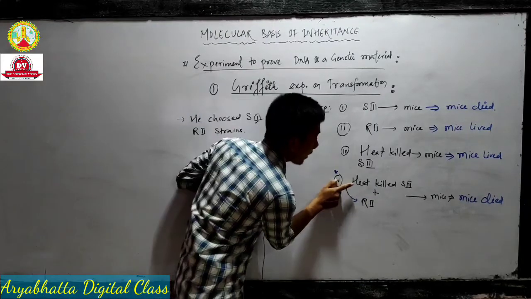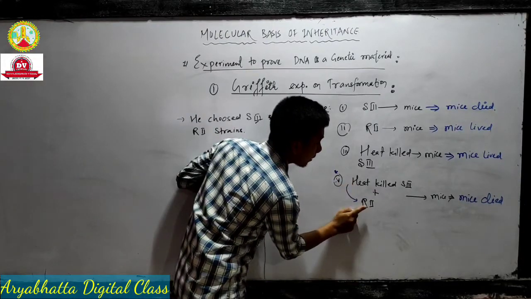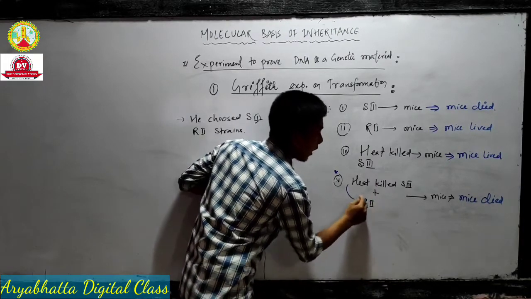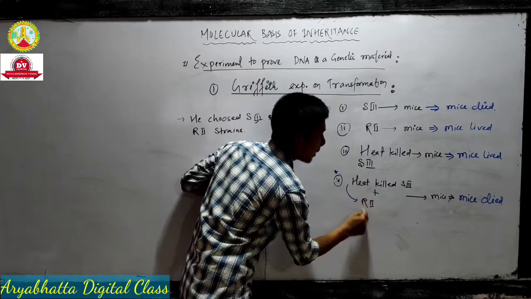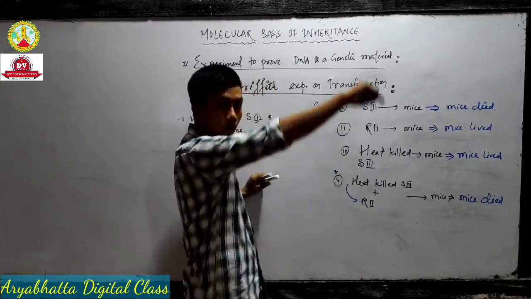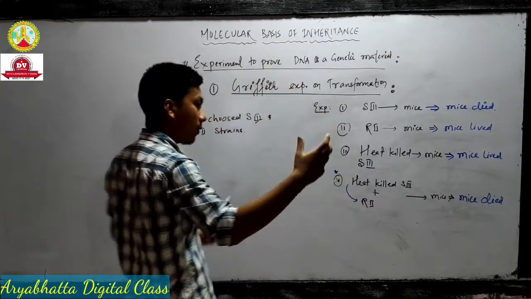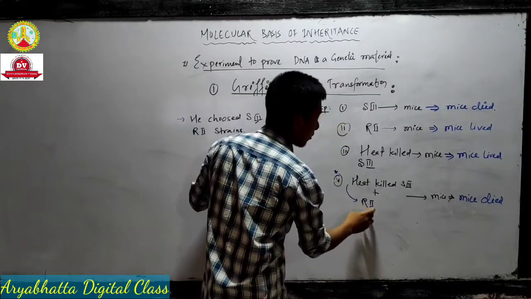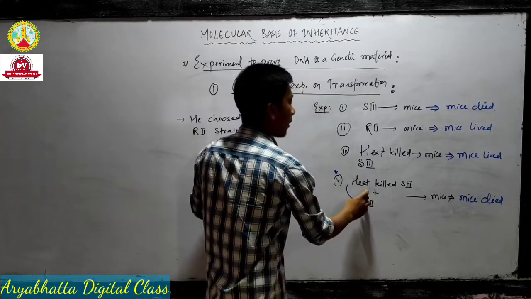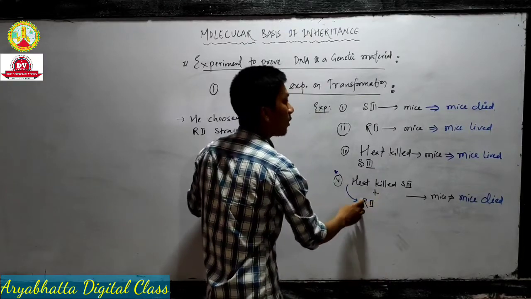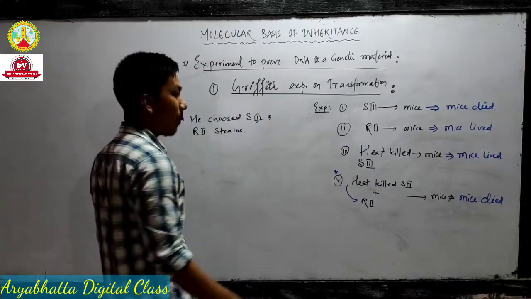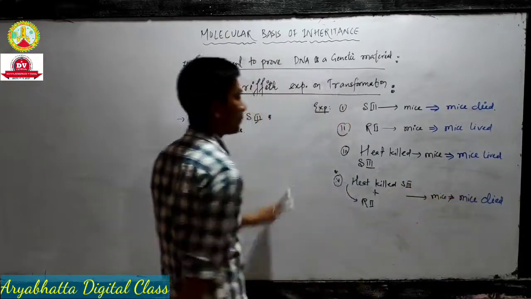So something has been transferred to the R2 strain and resulted in the transformation of R2 into pathogenic. So that's why mice died.